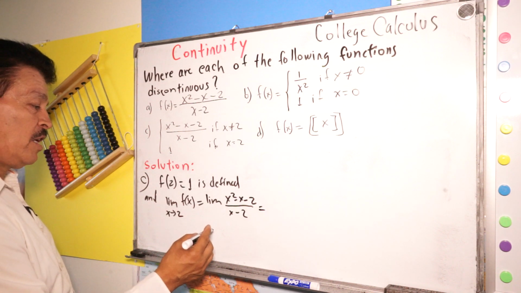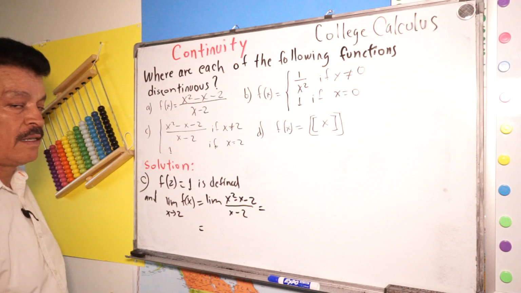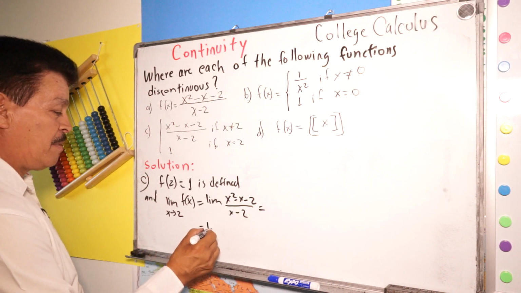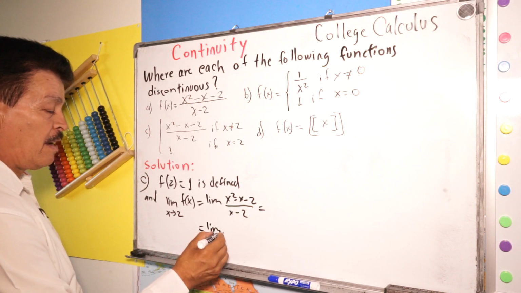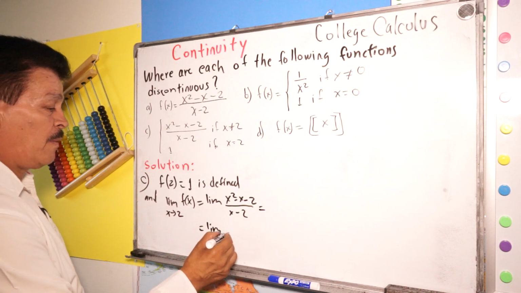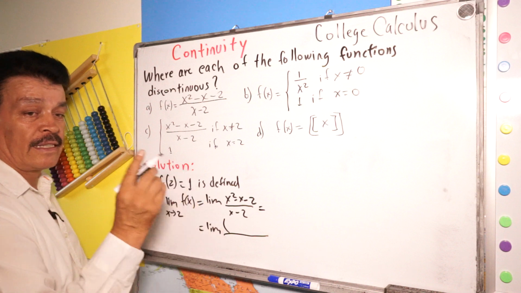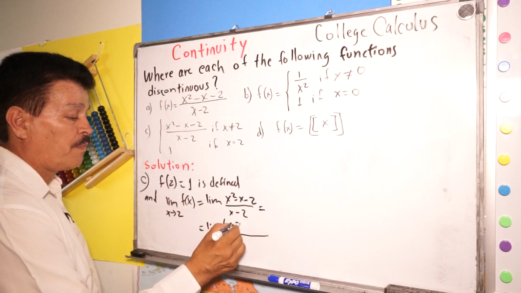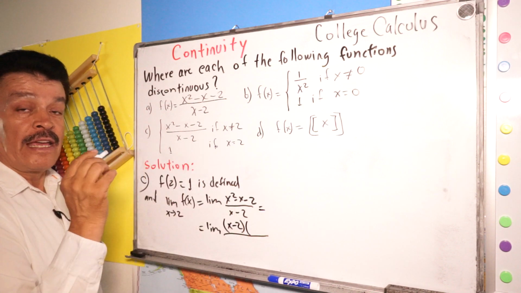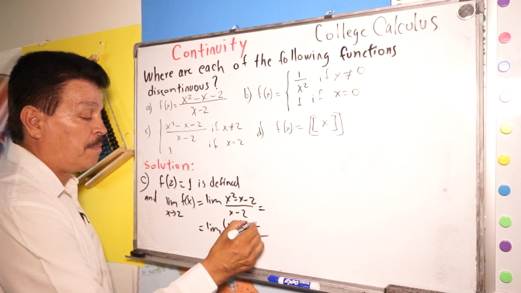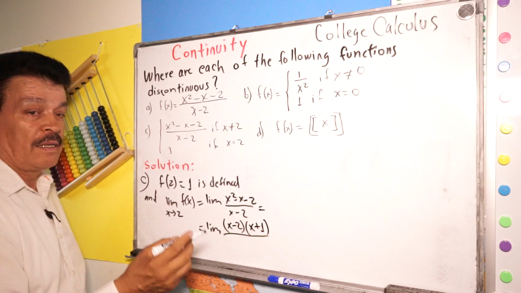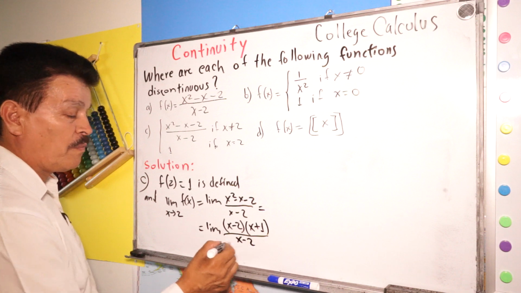This will be equal to the limit of x minus 2 times x plus 1, divided by x minus 2.